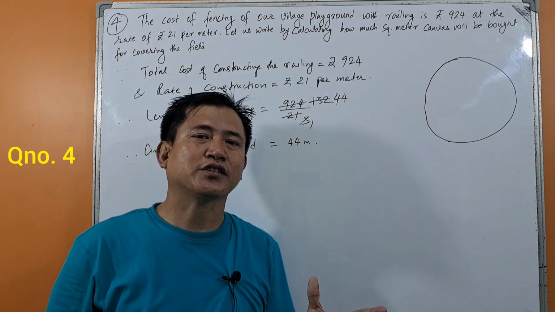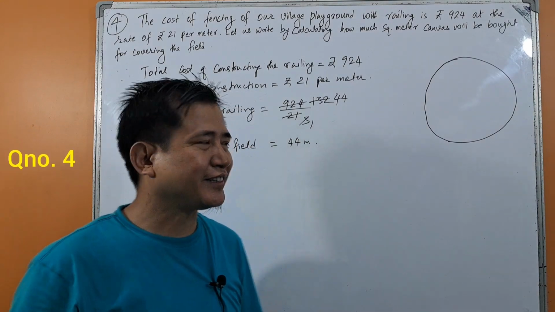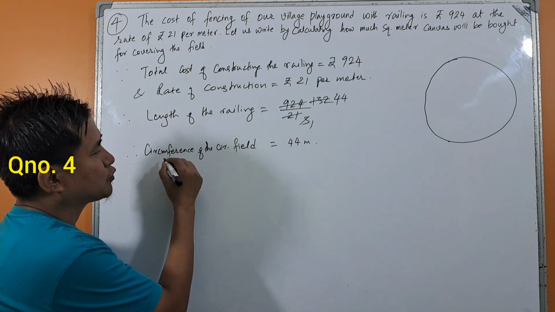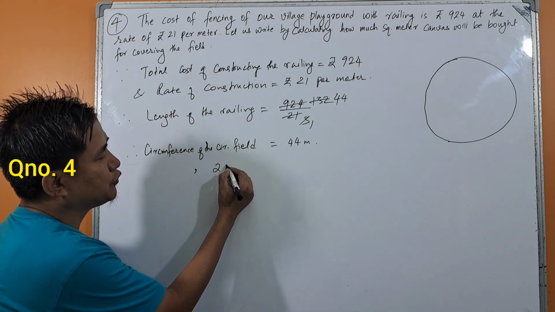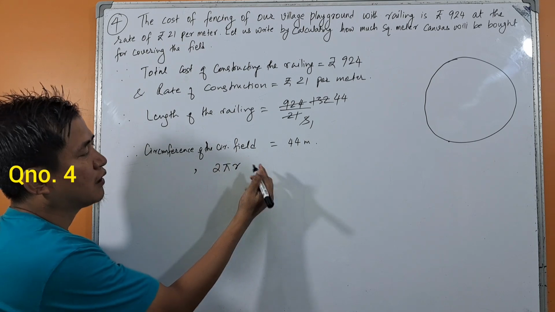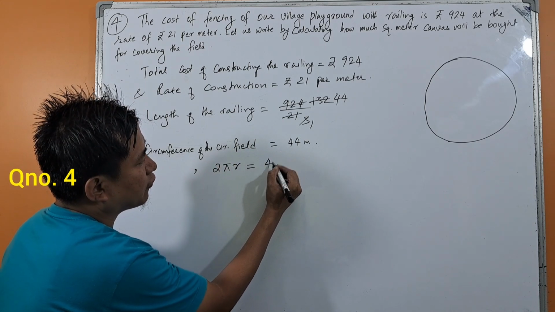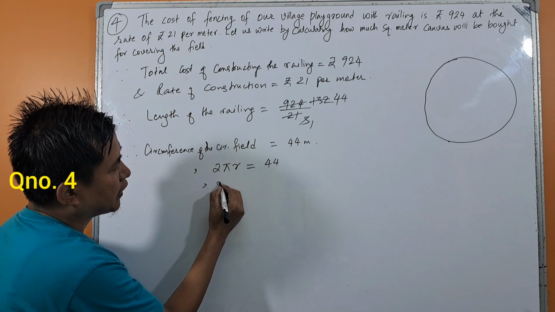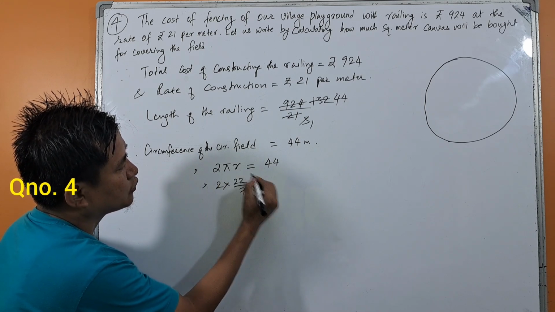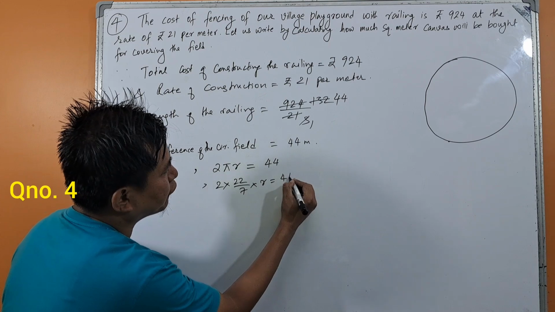If we know the circumference, we can easily calculate the radius by putting the formula of circumference. What is the formula for circumference? 2 pi r. Circumference of the circular field is 2 pi r equal to 44. Pi means 22 by 7, into r equal to 44.